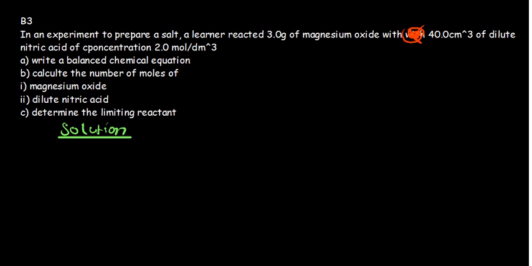So what we have is that we are reacting magnesium oxide plus dilute nitric acid. That's the formula for nitric acid right there, HNO3, to get a salt, which is magnesium nitrate.